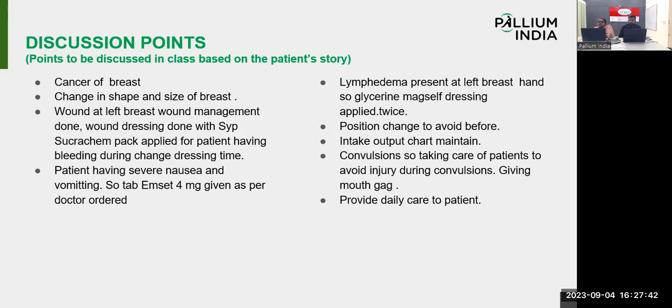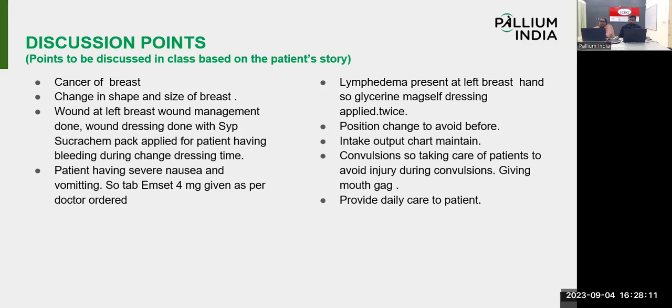If a patient comes with nausea and vomiting, we have to identify the cause first. This patient is on morphine, and maybe because of that, nausea and vomiting will be there. Another problem is that one of the most common side effects of morphine is constipation.